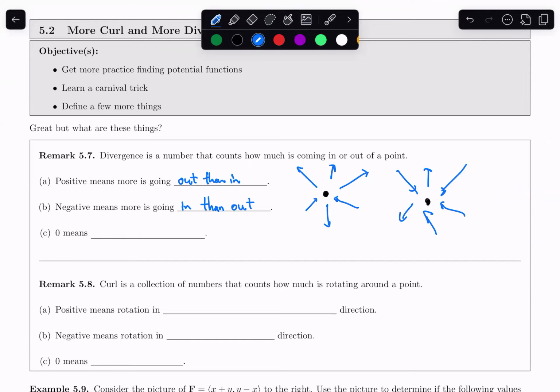And then 0 means this is the same. So here's maybe an example of that. The same amount going in is coming out. And again, the magnitudes of these vectors would need to be the same length.